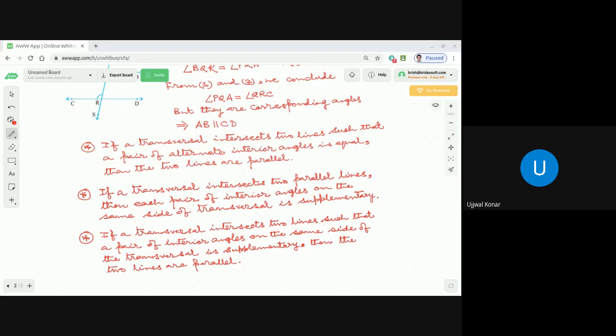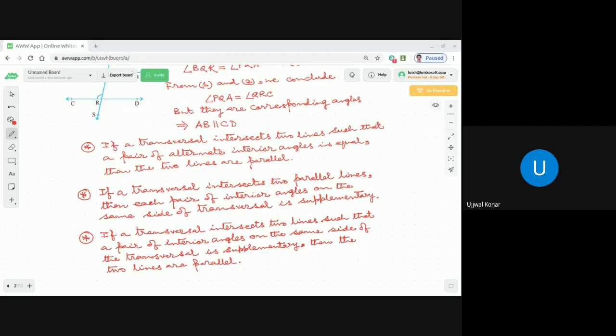You can verify all these statements that I wrote through simple activities, just with a scale and pencil and measuring the angles.